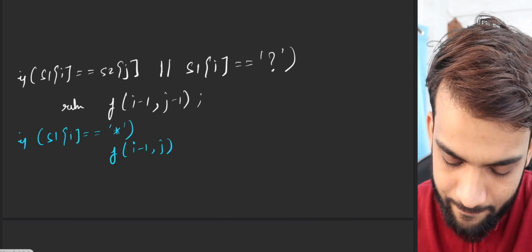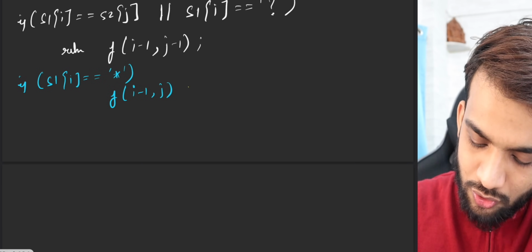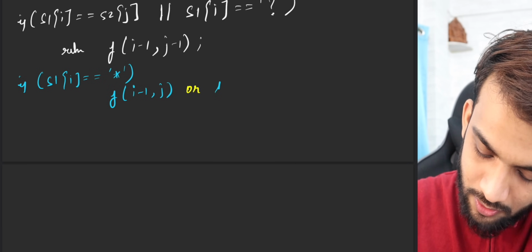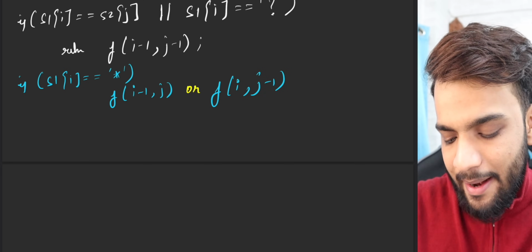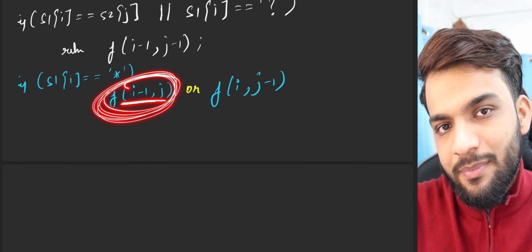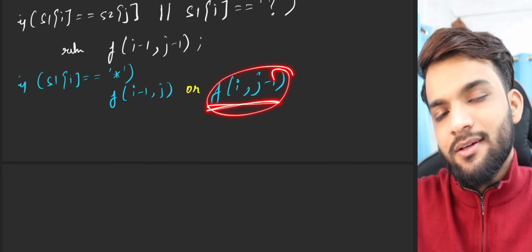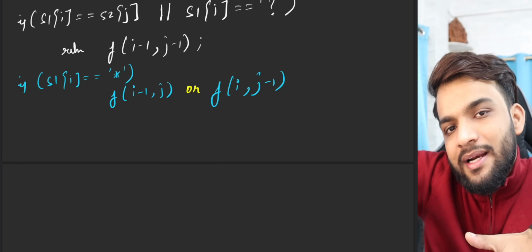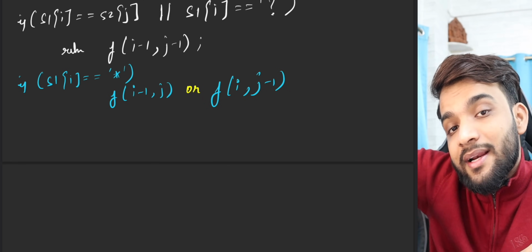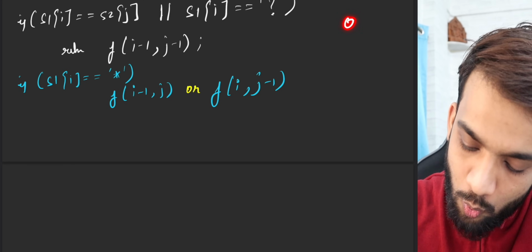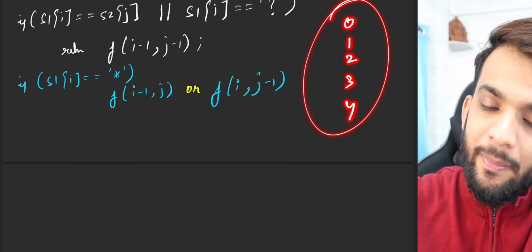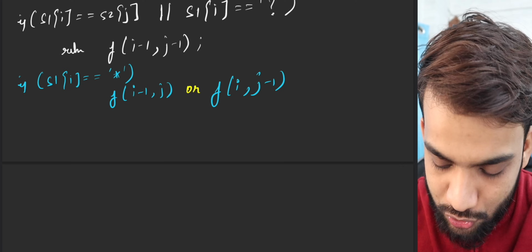So either this or I am going to delete the other one. Either I take it as empty, or I'll just delete one character, and the next step it will again delete one character, and again one character, so eventually all sets of characters like 0, 1, 2, 3, 4 will be taken care of in case of deletions.